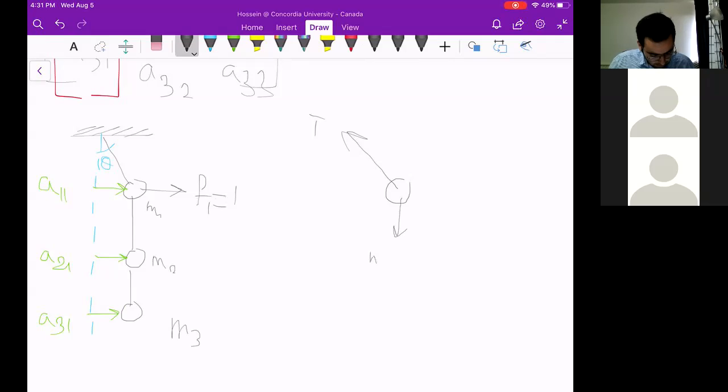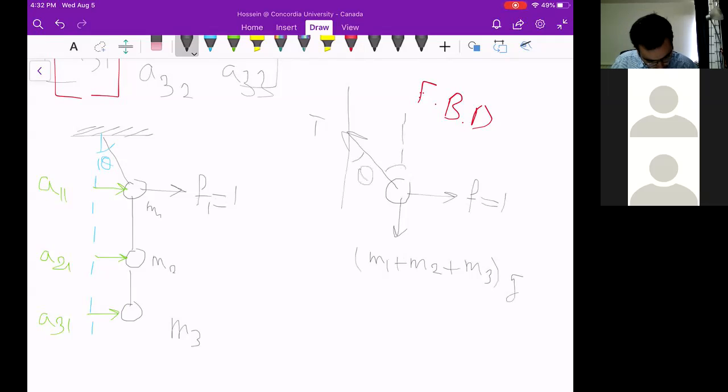So this is the free body diagram of the first mass. The weight is M1 plus M2 plus M3 times g, and there is a unit force to the right. So this angle should be theta, right?